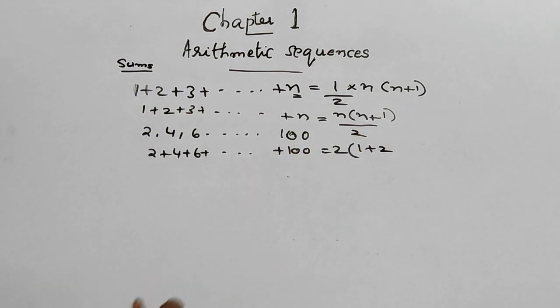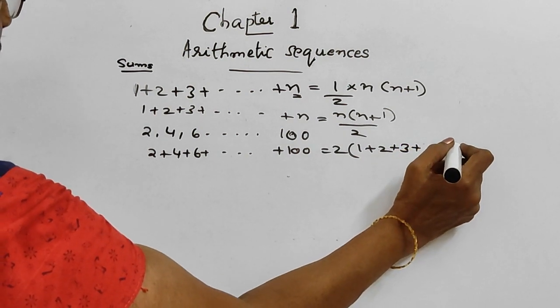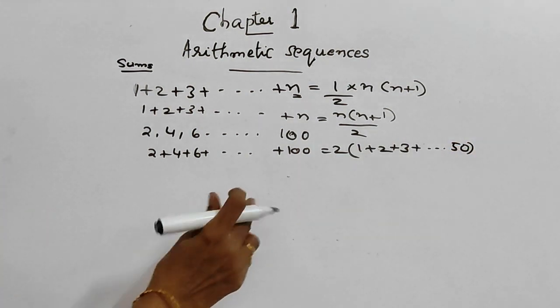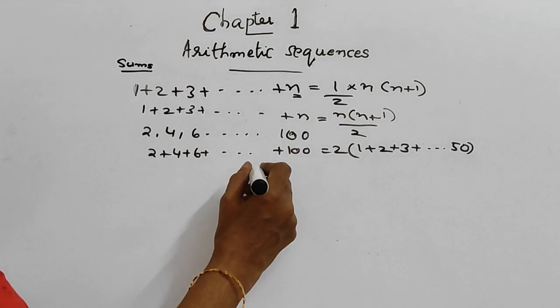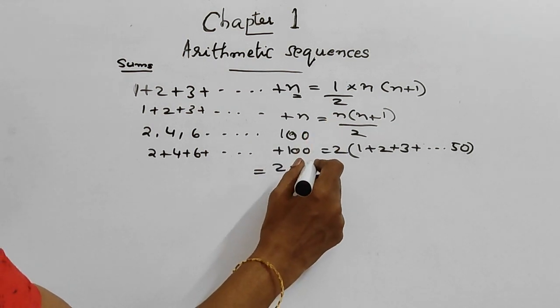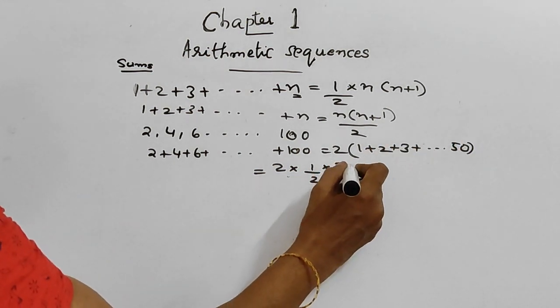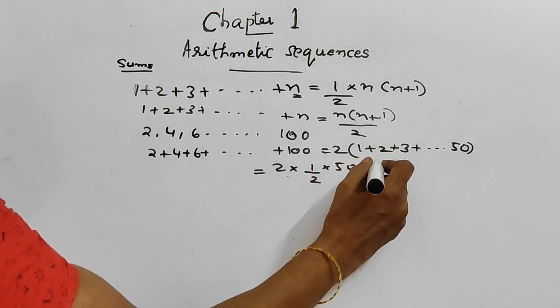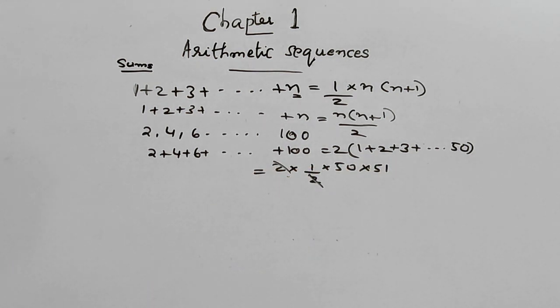Taking common factor means dividing each term by 2: 1 plus 2 plus 3 plus dash dash up to 50. 100 by 2 is 50. So here we can apply that algebraic form. 2 into half into last number into number next to that, 50 into 51. So 50 into 51, what is 50 into 51?